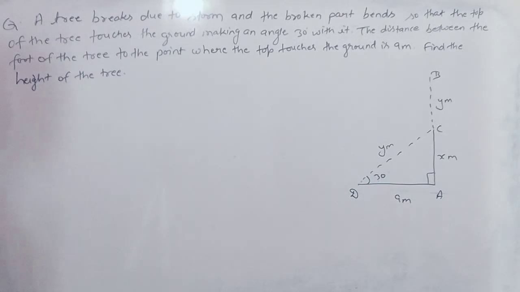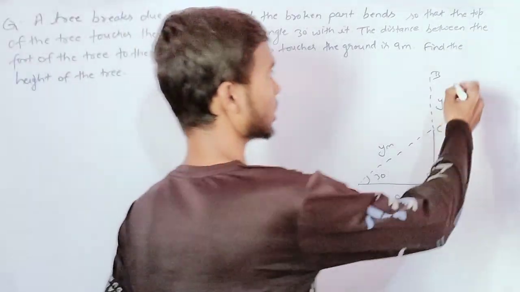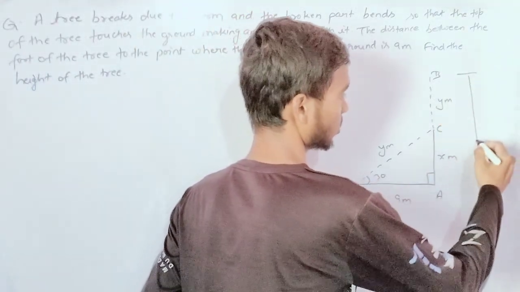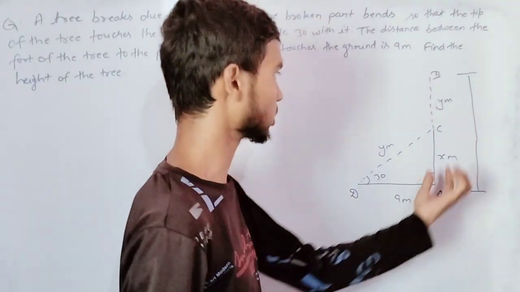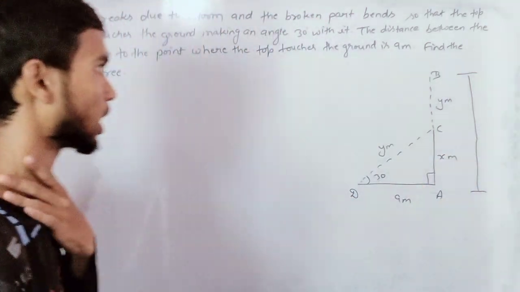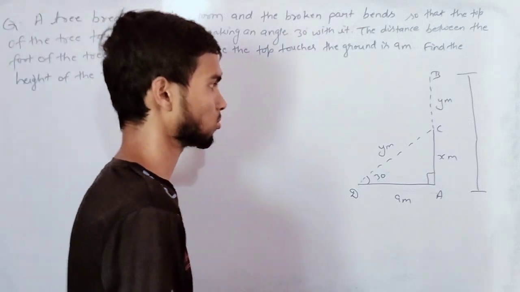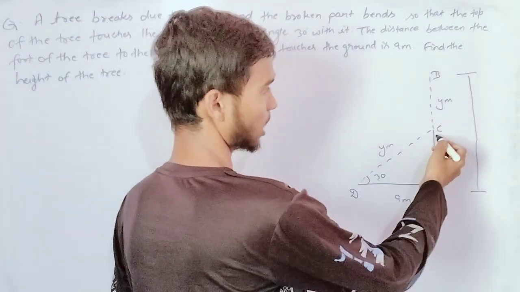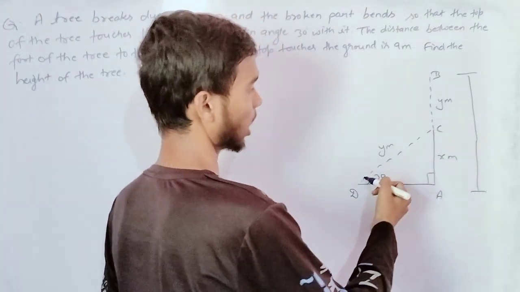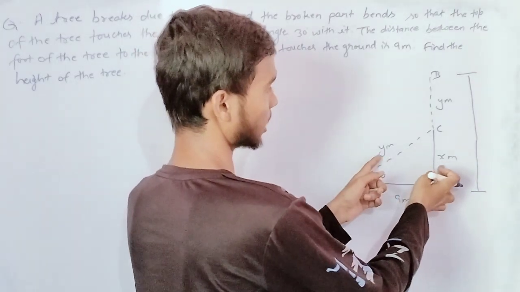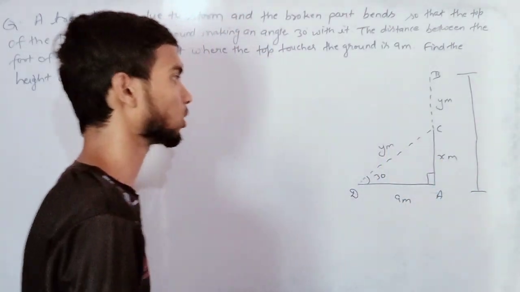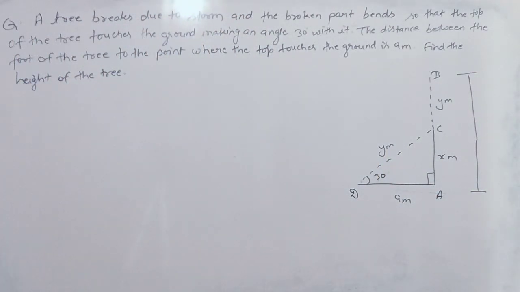Find the height of the tree, the original height, not this left height. We will find the height of this, then the height of this, then add them and we will get the original height of the tree. So let's start our method.